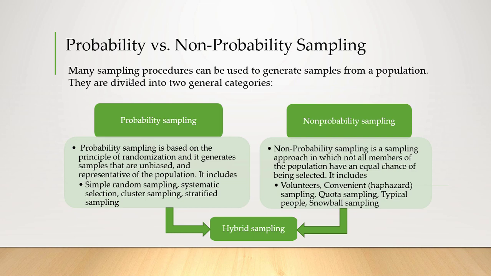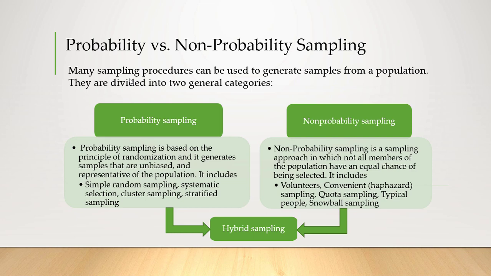All non-probability sampling procedures share the same problem. That is, they produce samples that are much more biased than those of the probability samplings. Non-probability samples are not representative of the population, and the results of studies using non-probability samples should not be generalized to the target population.